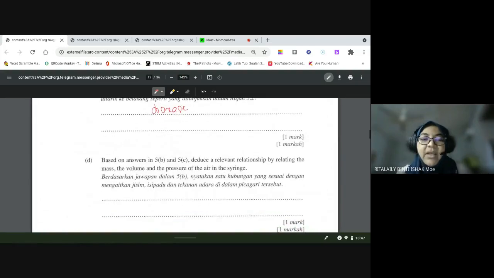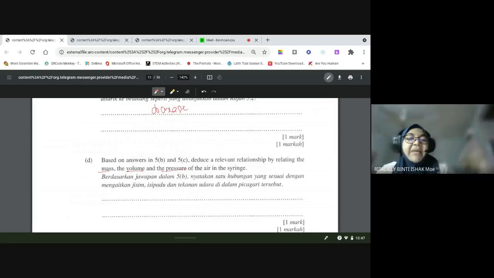Based on 5B and 5C, deduce a relevant relationship by relating mass, volume, and pressure. So, nak tulis macam mana? Tadi kita dah buat relationship semua tu kan, mass dia apa, and then volume dia apa, and then pressure dia macam mana.